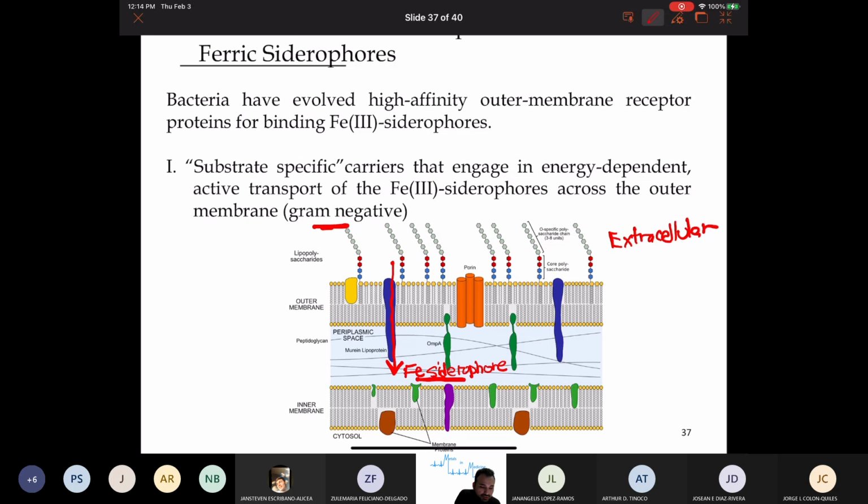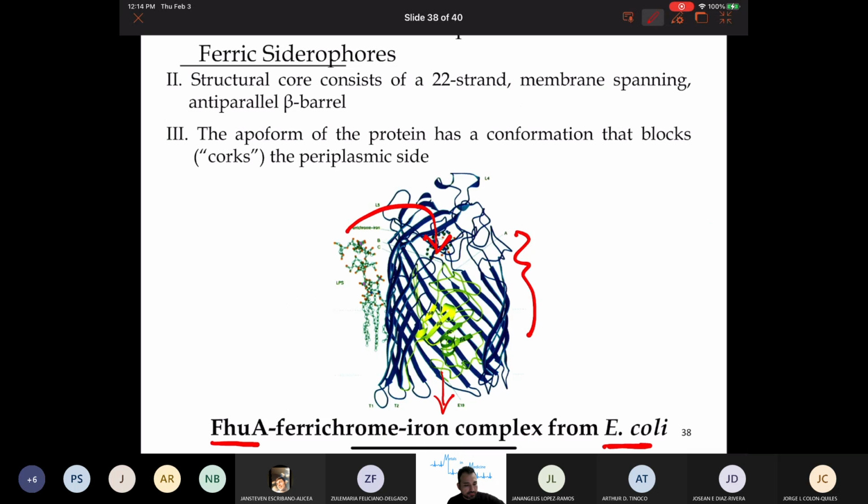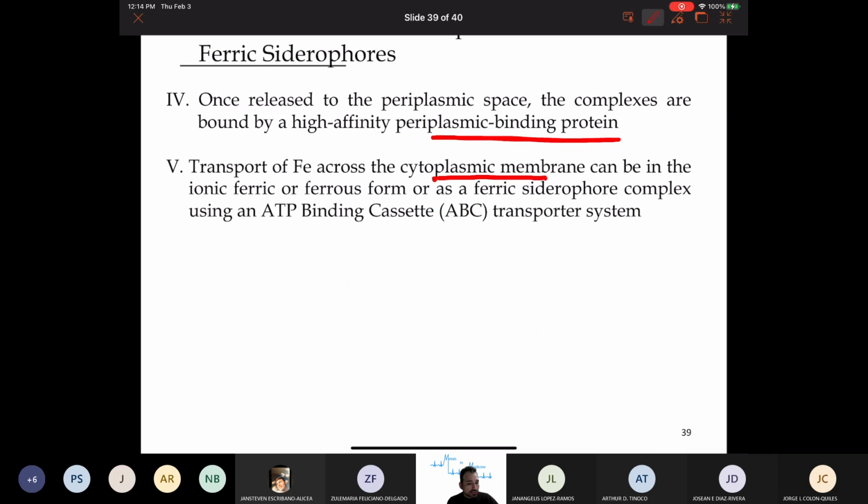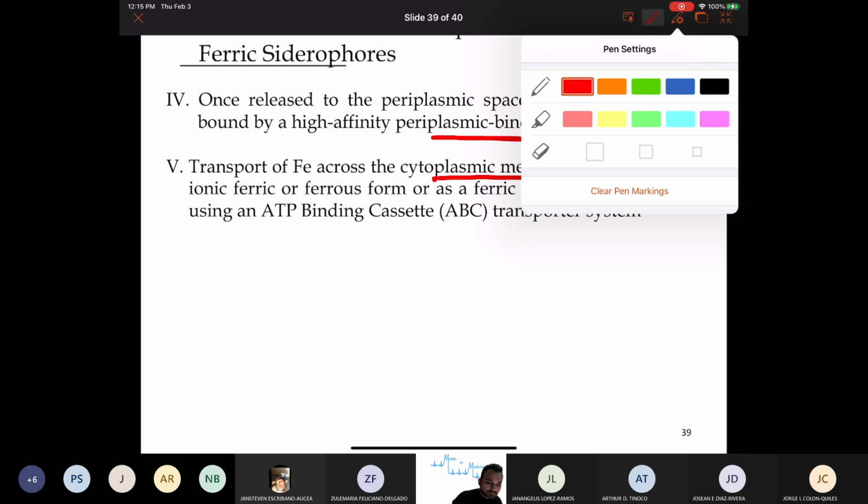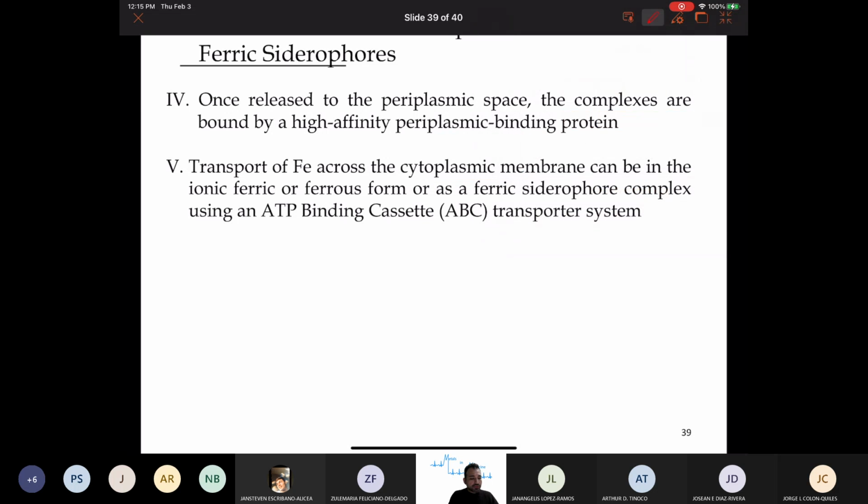So this is where I was just mentioning that this can happen in two different ways. So let's go to that slide. This can happen in terms of the iron itself being transported through, or the ferric siderophore complex being able to facilitate this transport.